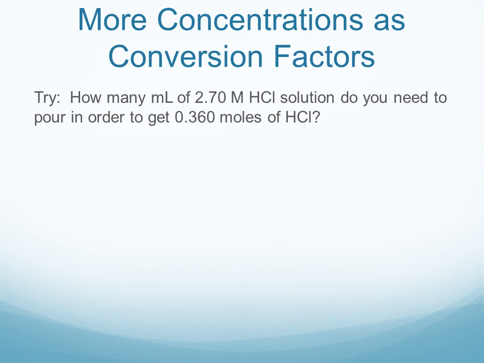All right, so here is one with molarity: a 2.7 molar hydrochloric acid solution, and we want to know how many milliliters of this solution we need if we want to do a reaction and we need 0.360 moles of hydrochloric acid.